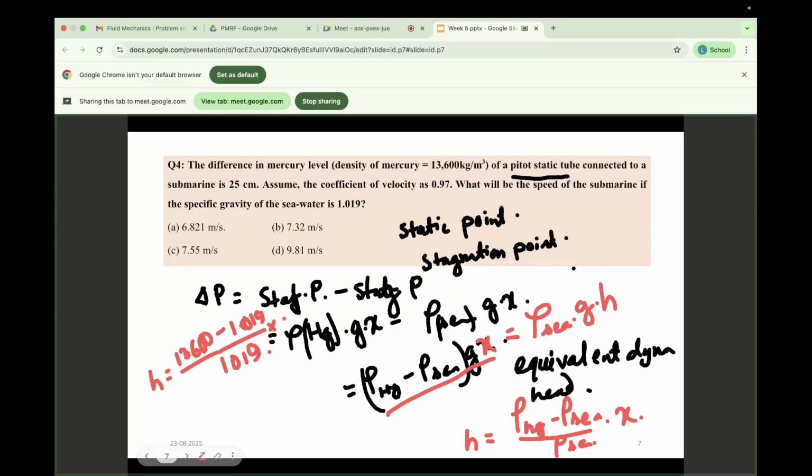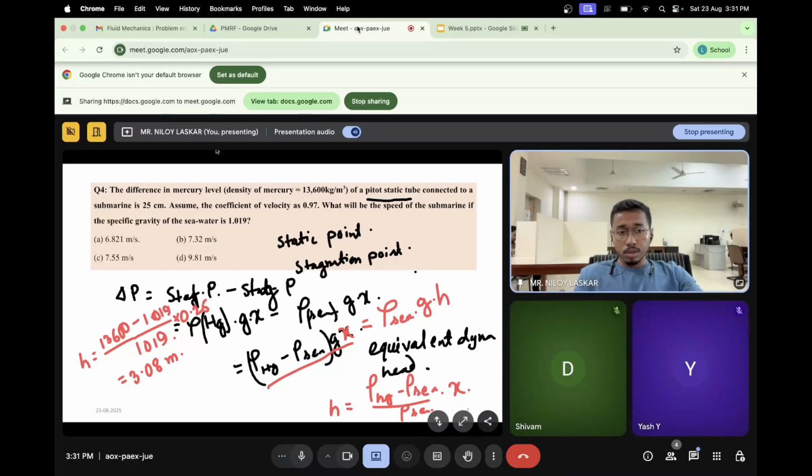What is x? X is given as 25, that means 0.25 because it is in centimeter. So if you calculate, you will get this answer as 0.308 meter. Up to this it is clear. Please let me know.